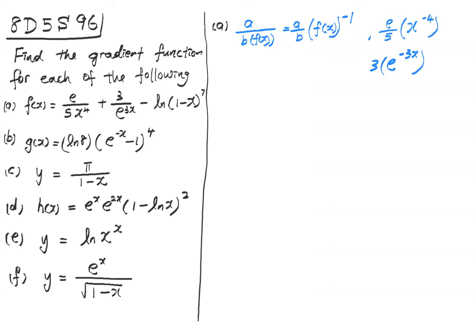Am I right? And for ln, you have to know that if I have ln f(x) to the power of n, I must bring the n up first before I differentiate. Am I right? I have to apply this formula.